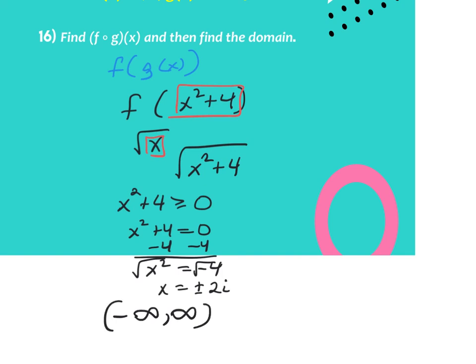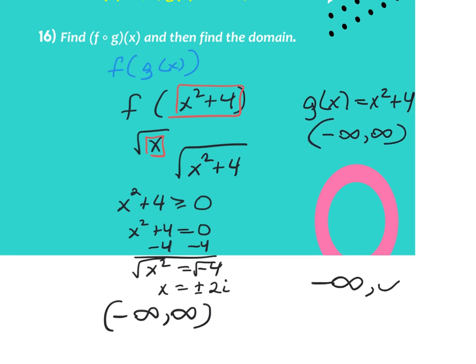But remember, you also need to check the g of x function. The g of x function was x squared plus 4. This one is a parabola. There aren't any radicals, there aren't any fractions, so this one has no exclusions. So this is also all real numbers. So the final domain of the composite function is all real numbers. So when your exclusions are imaginary, we don't exclude them in our domain because we're only looking for real solutions.